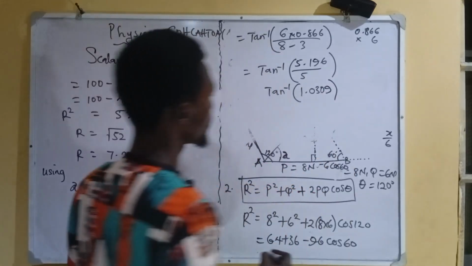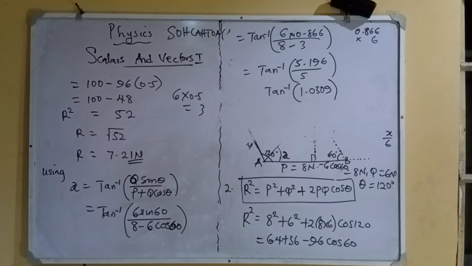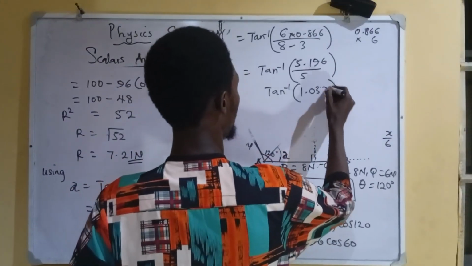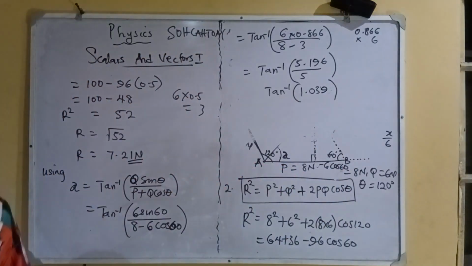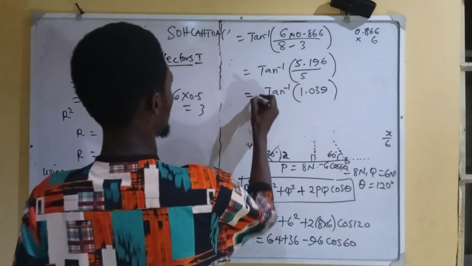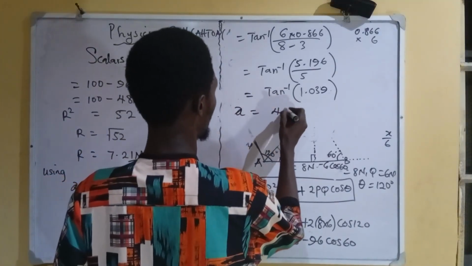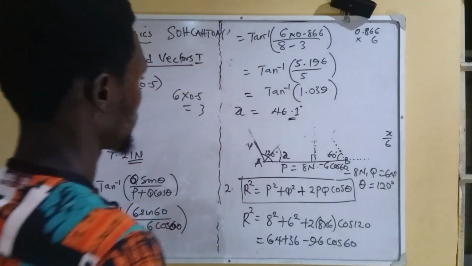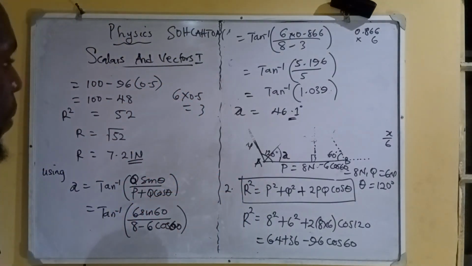Okay, so let me use my calculator also. So with the help of the calculator, you will now get the angle to be 46.1 degree.